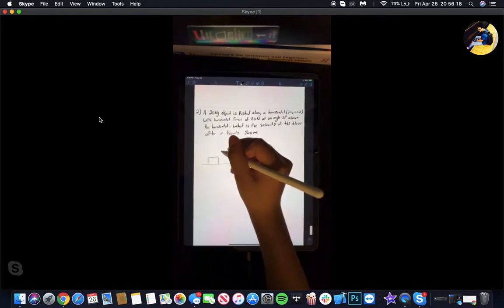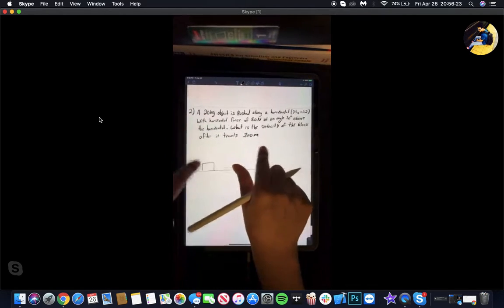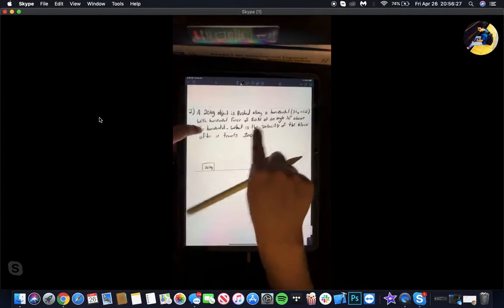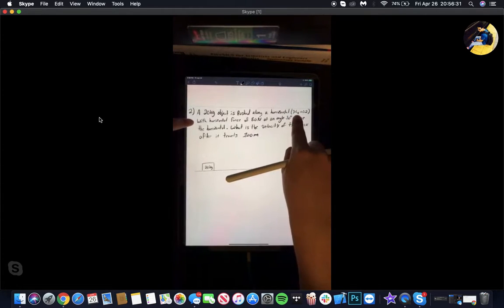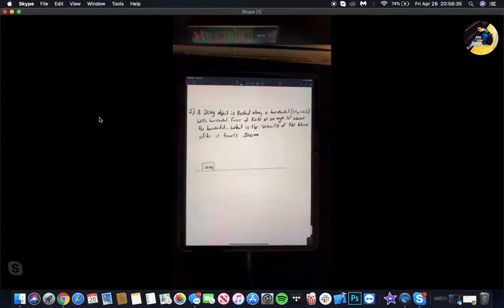Here it says a 20 kilogram object, so this will be 20 kg. It's pushed along a horizontal. That's applied. What is that? It has mu k, kinetic friction. We have friction on the bottom of the floor.